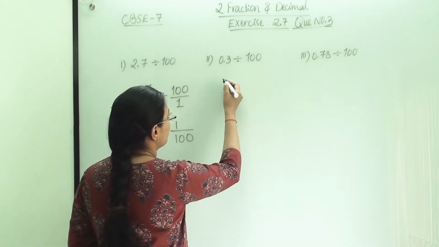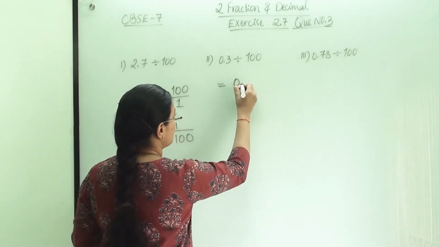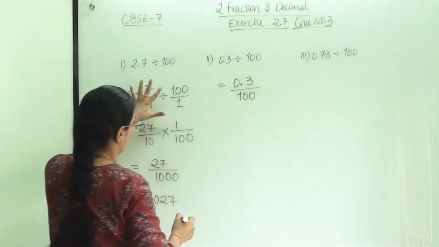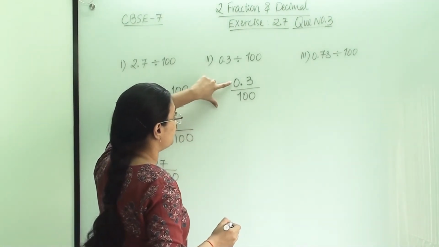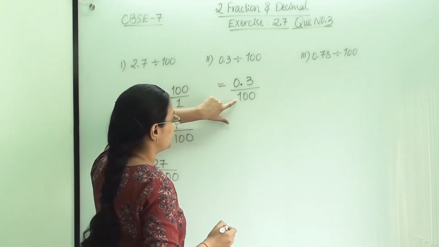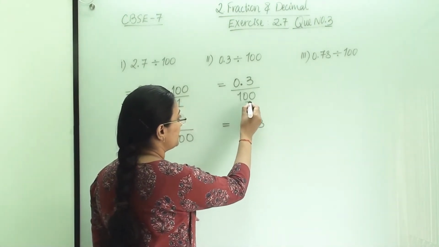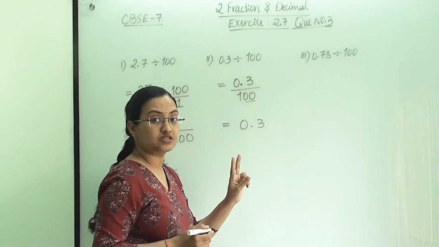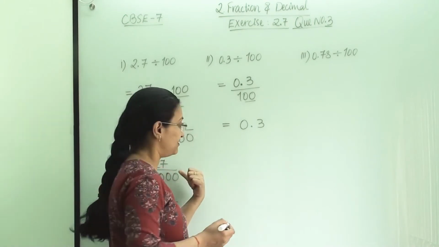Then the next is 0.3 divided by 100. One more method we can follow here is to do this directly. The decimal point is already here and in the denominator 2 zeros are there, so we require 2 more places to shift this decimal point over to the left side.